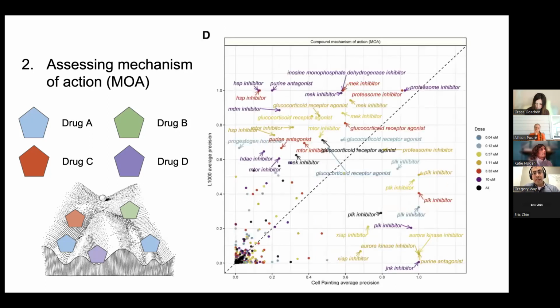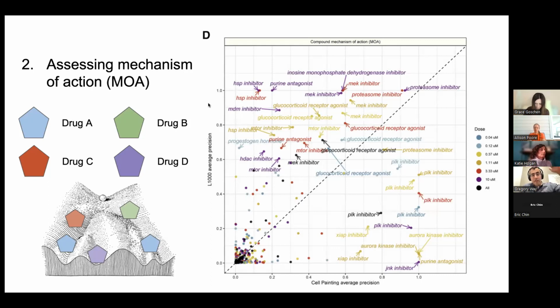This is another way of looking at it that might be more specific and interesting, because now we're looking at very specific MOAs. What immediately jumps out is, sorry, I should describe the axes. The y-axis here is some level of performance for the L1000 data, so gene expression.